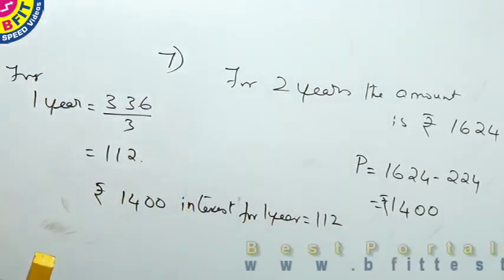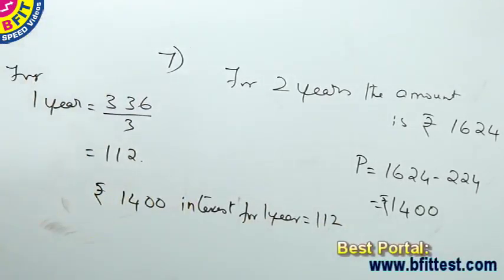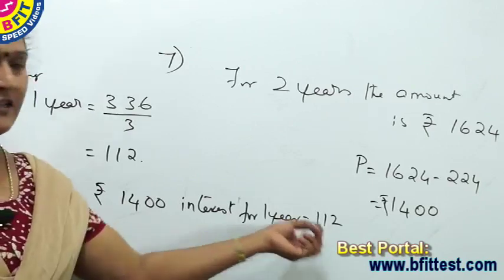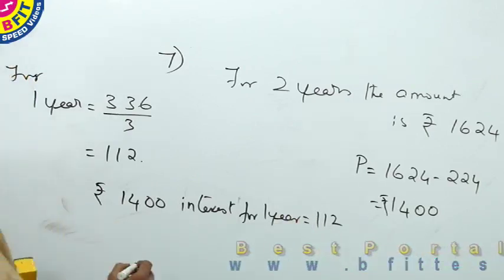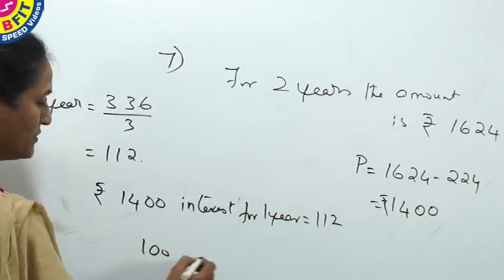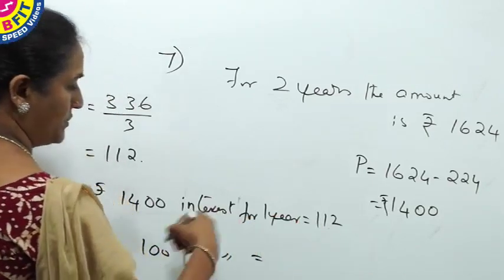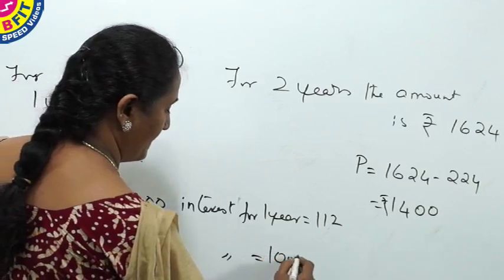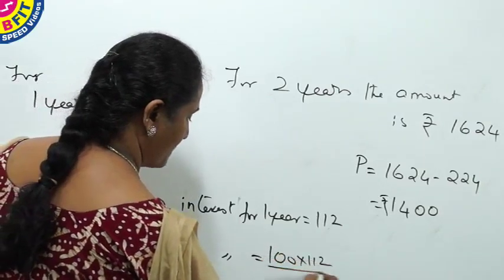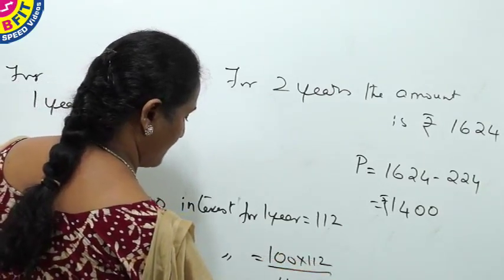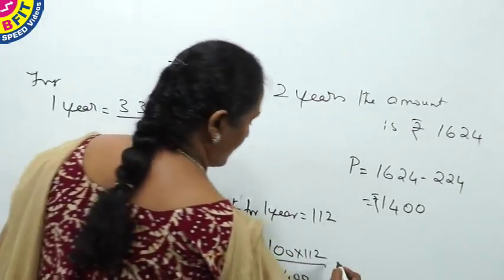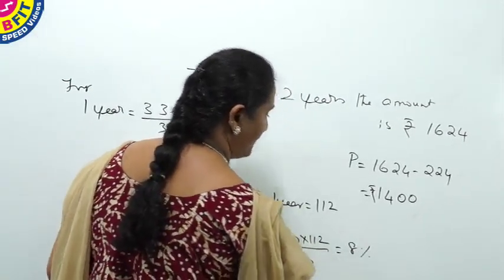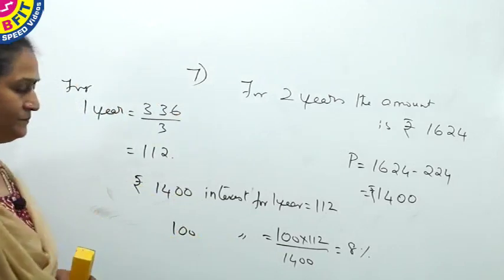And we are asked to find the rate percent. Rate percent is the return for every 100. So for 1400, if it is rupees 112, for 100 rupees what will be the interest? Just cross multiplying, we get the interest rate as 8%.